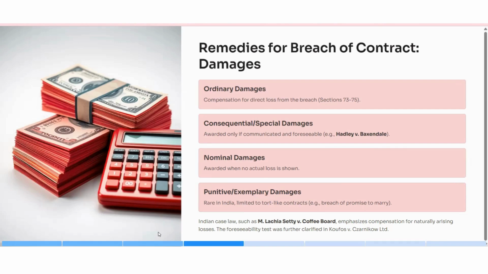In Indian law, cases such as M. Lachia Setty versus Coffee Board emphasize compensation for naturally arising losses. The foreseeability test was further clarified in Czarnikow versus Koufos.